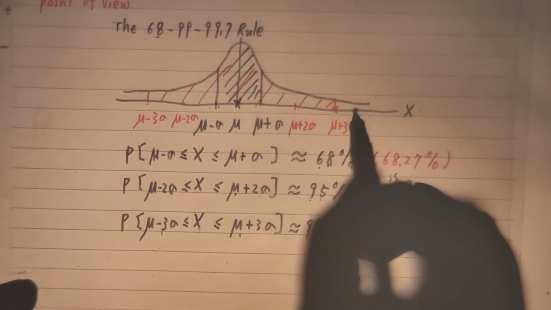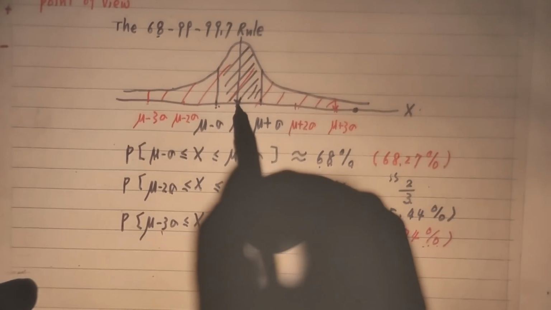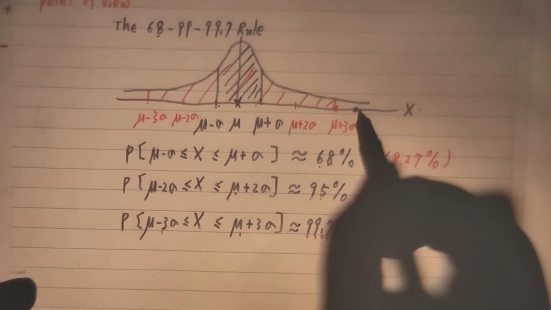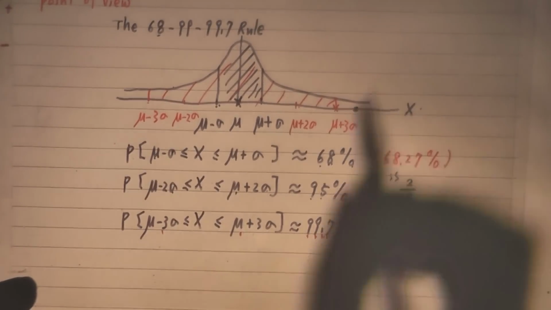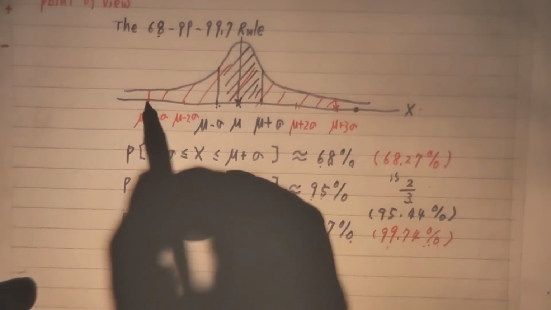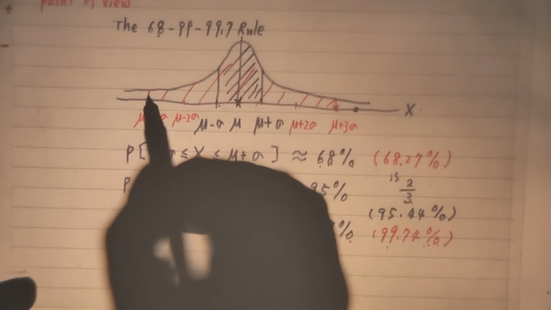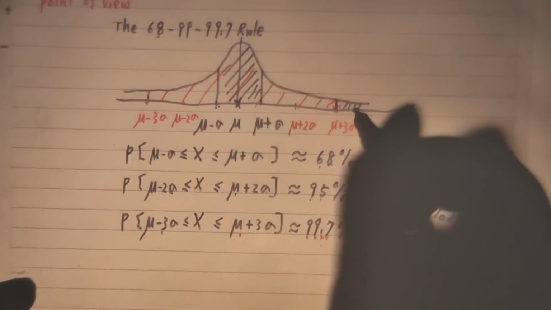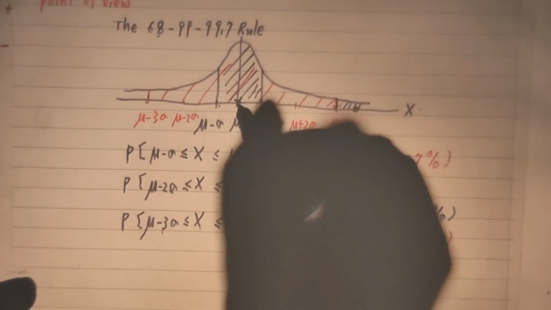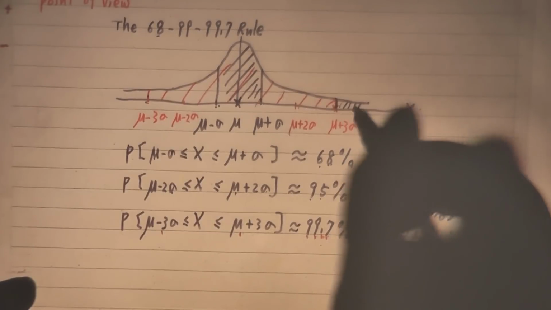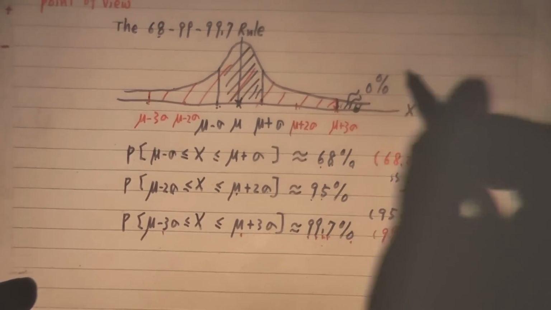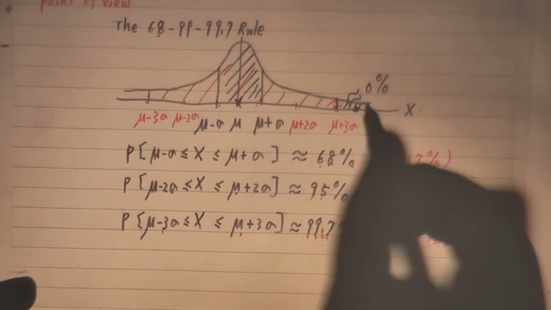How likely is an observation to deviate from the center by more than 3 sigma? It's almost unlikely. Okay? Because from here to here, we cover nearly 100%. That means for the black shady area here, any observation here deviates from the center by more than 3 sigma. How likely is that? The area is close to 0%. That means almost impossible. Okay?